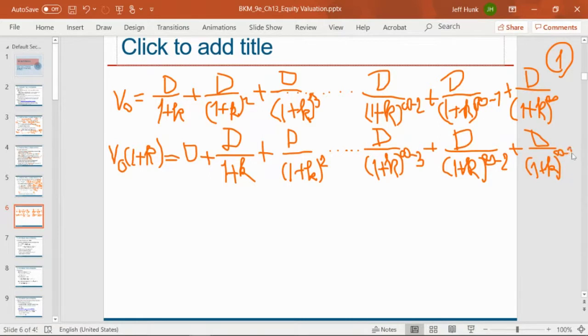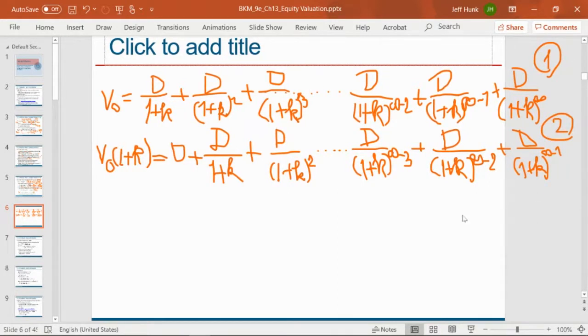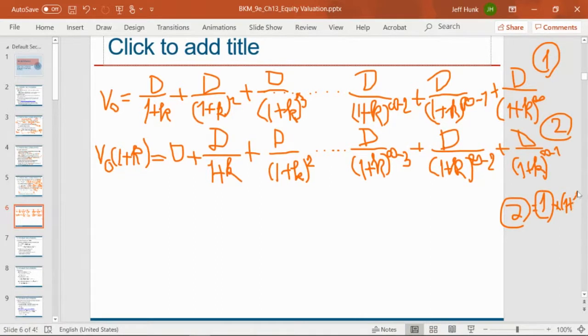But the thing is, infinity by definition has no end. So equation 2 is simply equation 1 times 1 plus k, right?